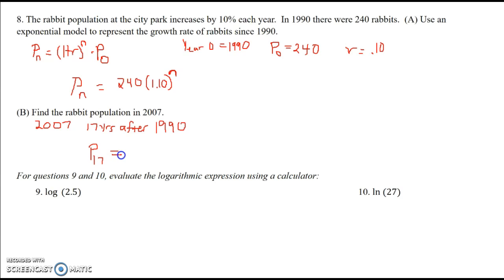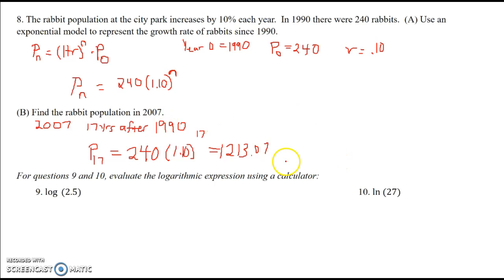So that's going to be 240 times 1.10 raised to the 17th power. You can easily find that on the calculator. And when I find that on the calculator, I get 1,213.07.